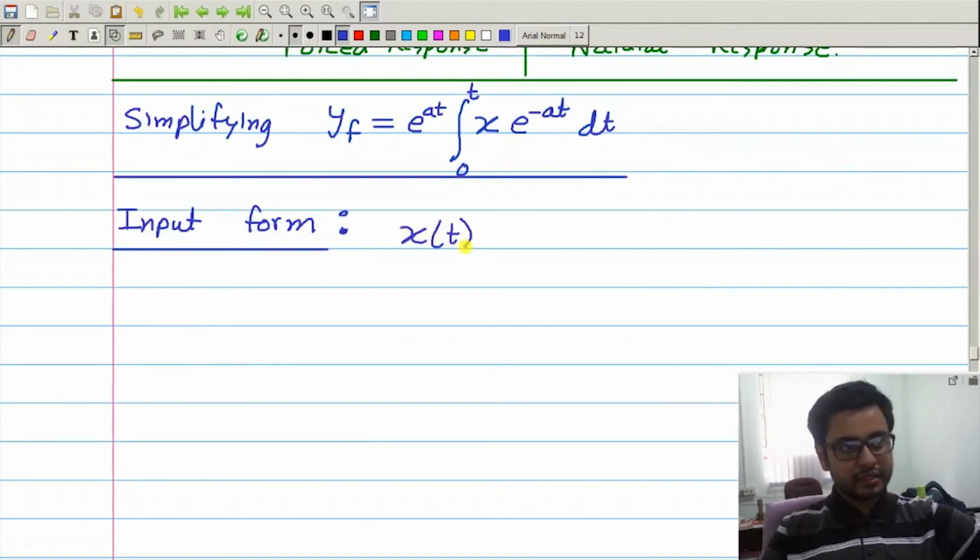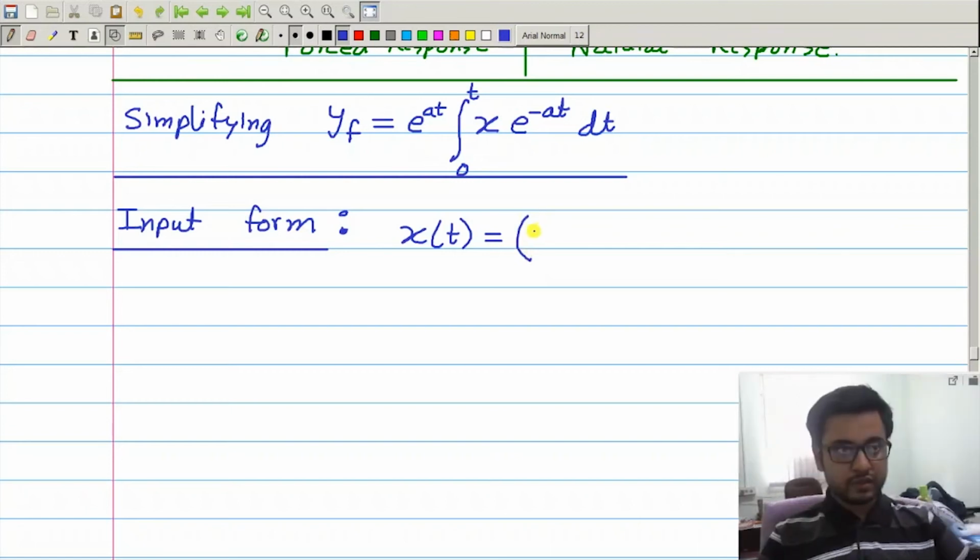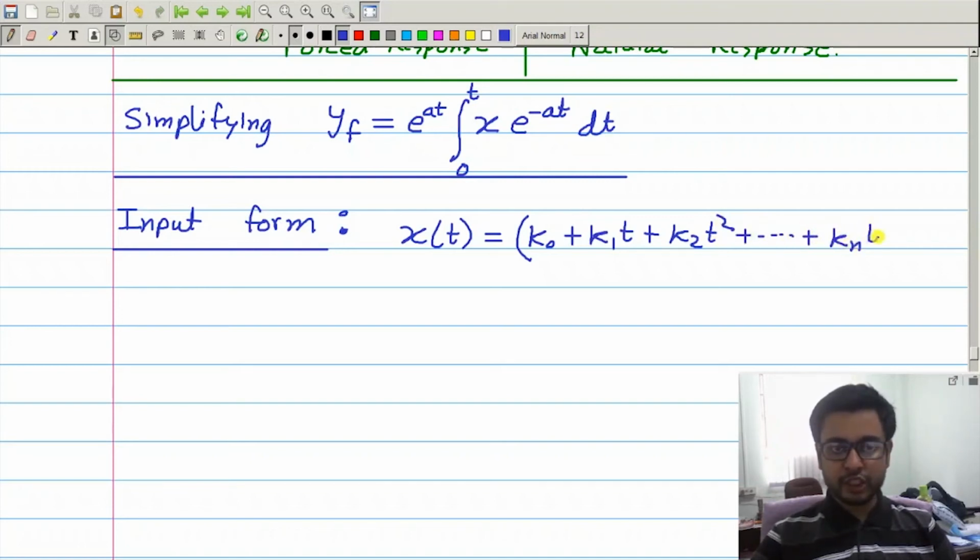x(t) is equal to some polynomial like k0 plus k1 t plus k2 t squared plus dot dot dot up to kn t to the power n, whole multiplied with an exponential e to the power at.